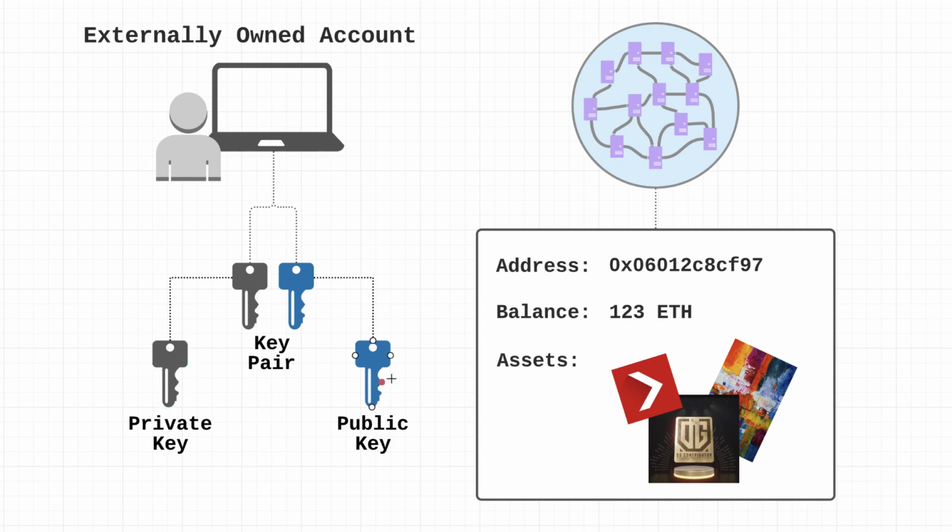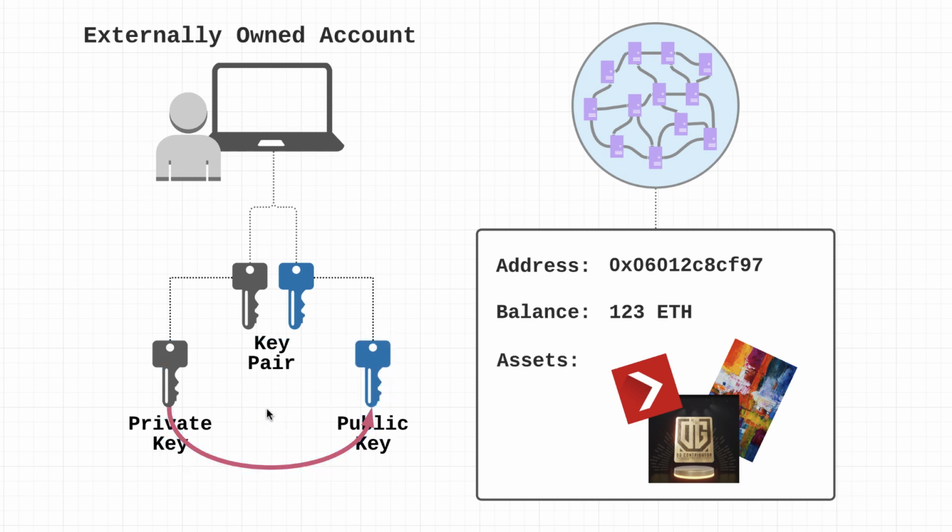In order to generate the public key, the application is going to use something called elliptic curve cryptography, and this is explained in my digital signature video. Real quick, it uses something called a one-way function to essentially get a value for the public key. The cool thing about this relationship is that if you have a private key, using elliptic curve cryptography, you can always figure out the public key.